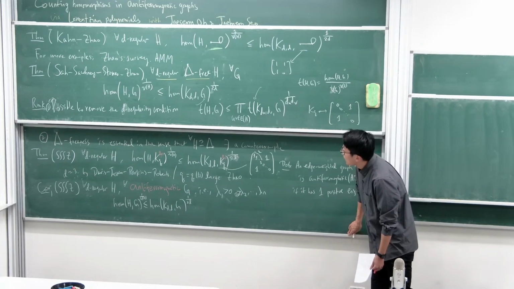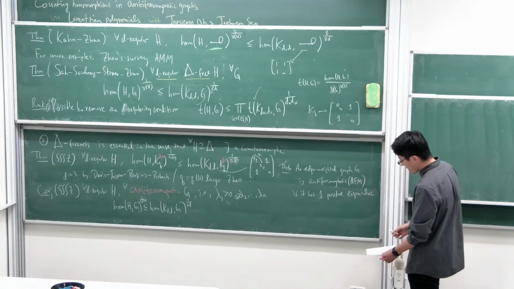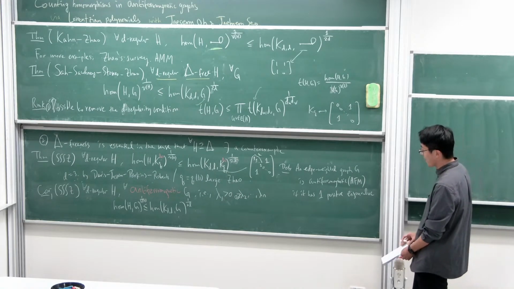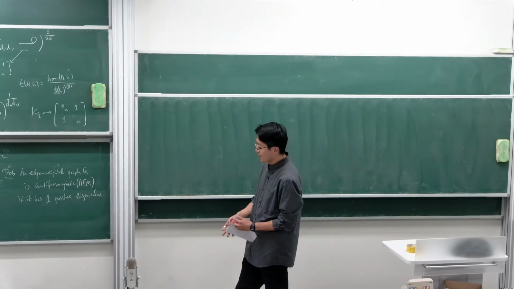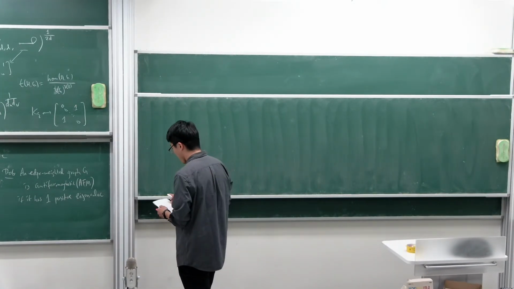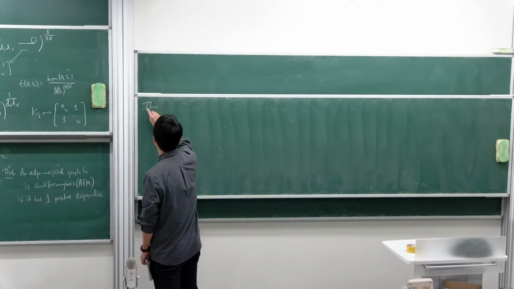So this is the conjecture. We wanted to prove the conjecture, but we didn't really manage to prove it in full generality, but we actually managed to get something. So let me state our theorem.